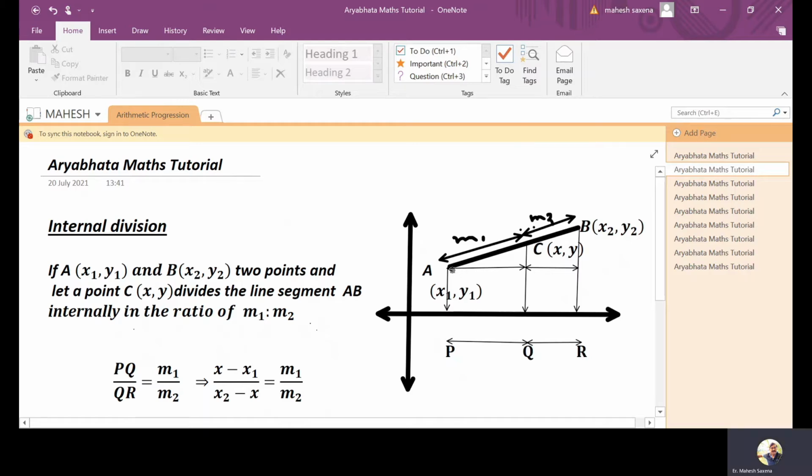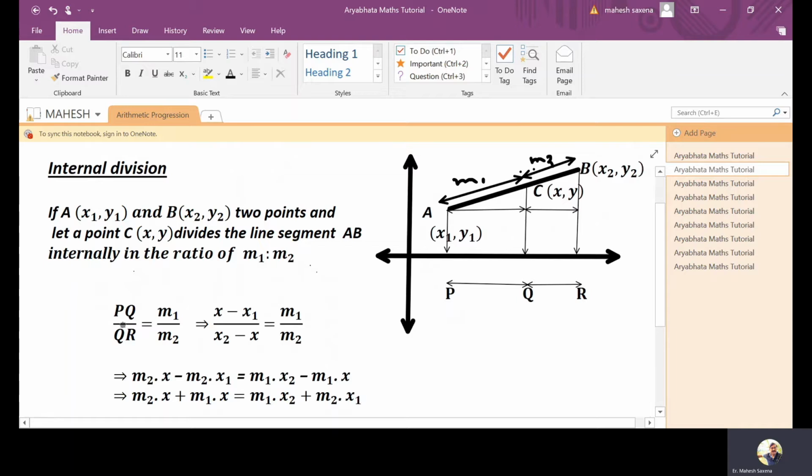Now draw perpendiculars from A, C, B to the x-axis. Let their feet be P, Q and R. Then by geometry, PQ upon QR will also be M1 upon M2.